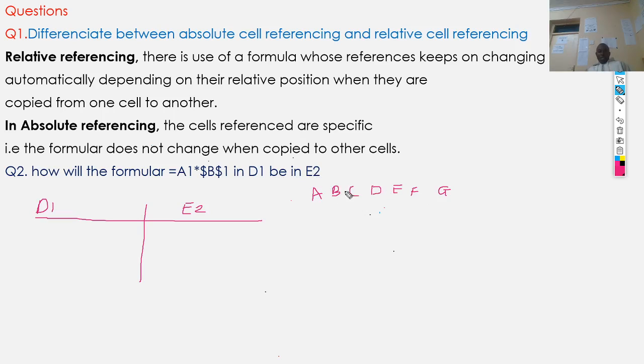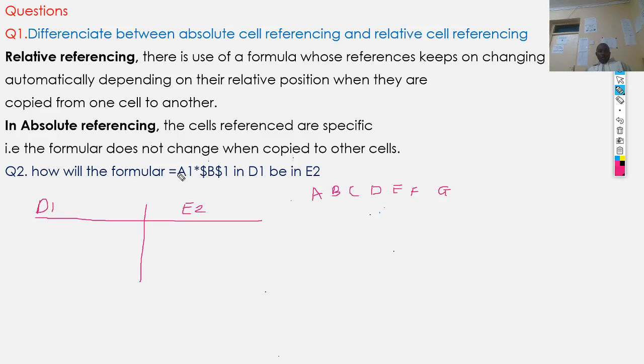Now you have to look at this formula, which was in D1. Let me deal with the letter first.